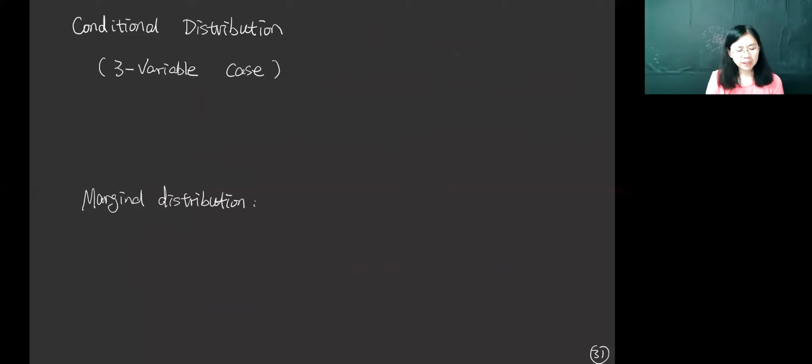When you have three random variables, the conditional distribution can be somewhat more complicated. It can be, for example, the conditional distribution of x1 given x2 and x3. That is, the conditional distribution of one variable given two other variables.